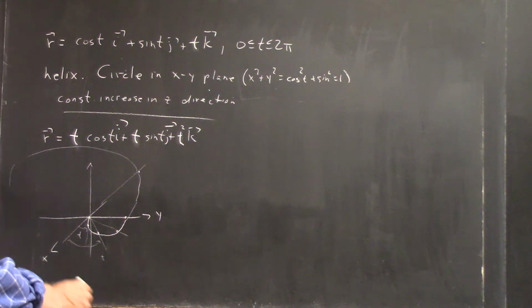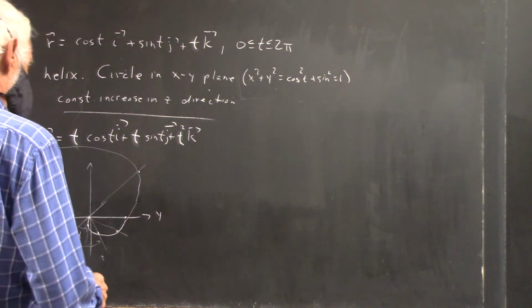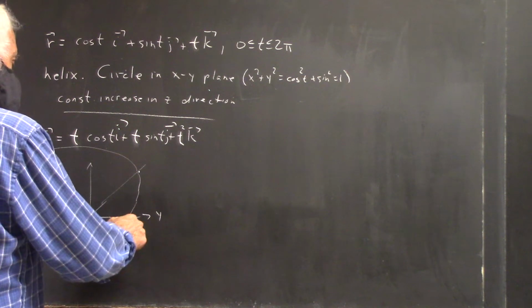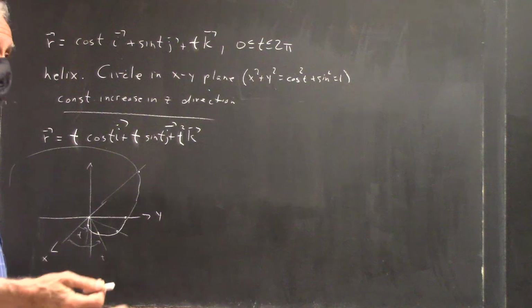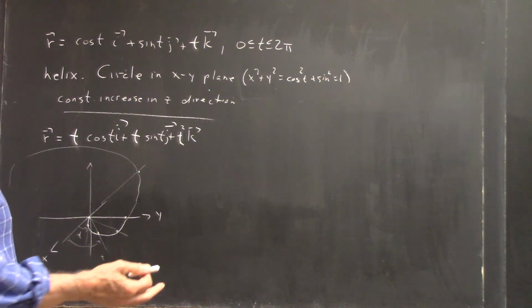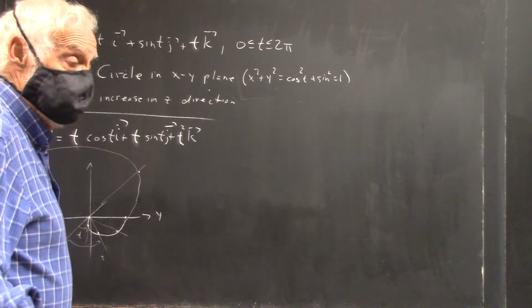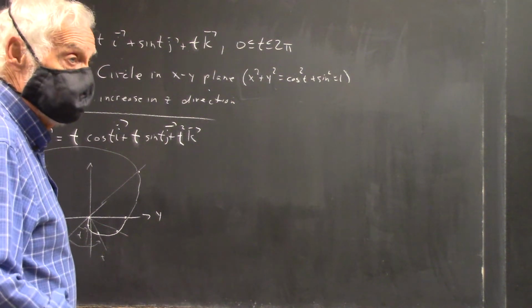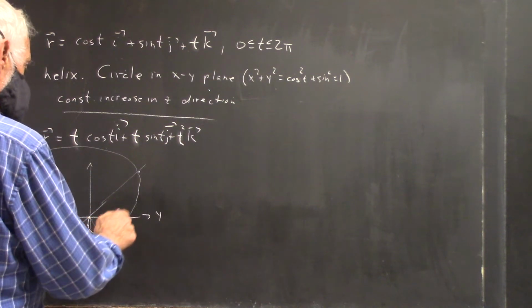And that path moves out to t squared units. Now, t would be pi over 2 here. So t squared would be pi over 2 quantity squared. Pi over 2 is about 1.6. You square that, you get about 2.5, 2.56. It's a little less, but it's about 2.5, and this is about 1.5.